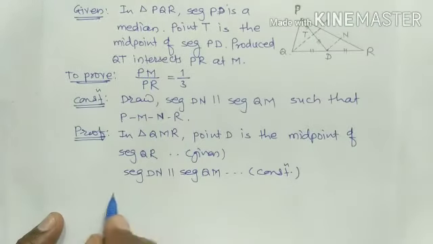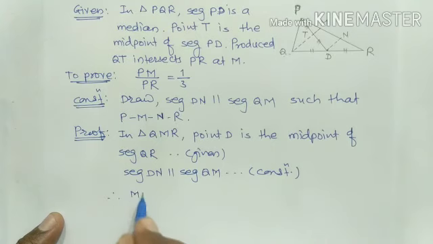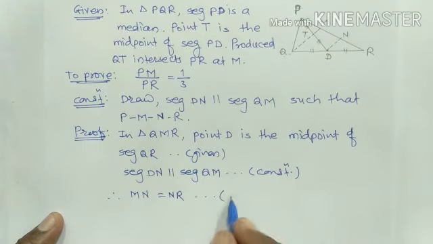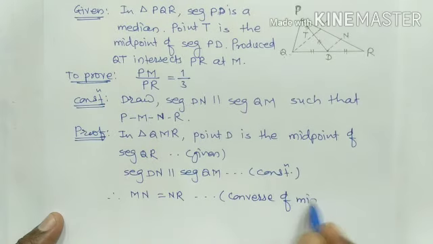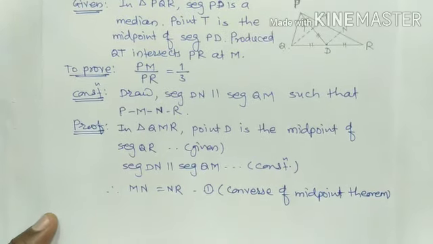Therefore point N is the midpoint of MR, that is MN equals NR, by the converse of the midpoint theorem. Number 1.